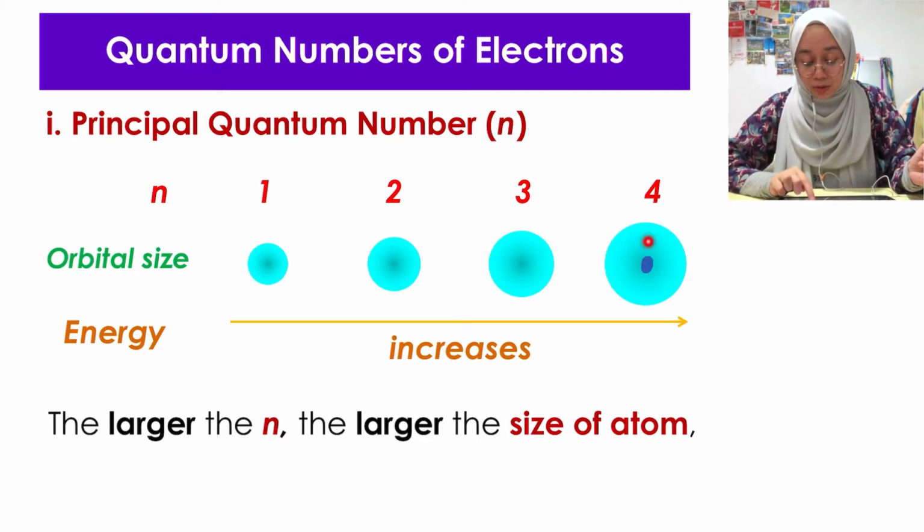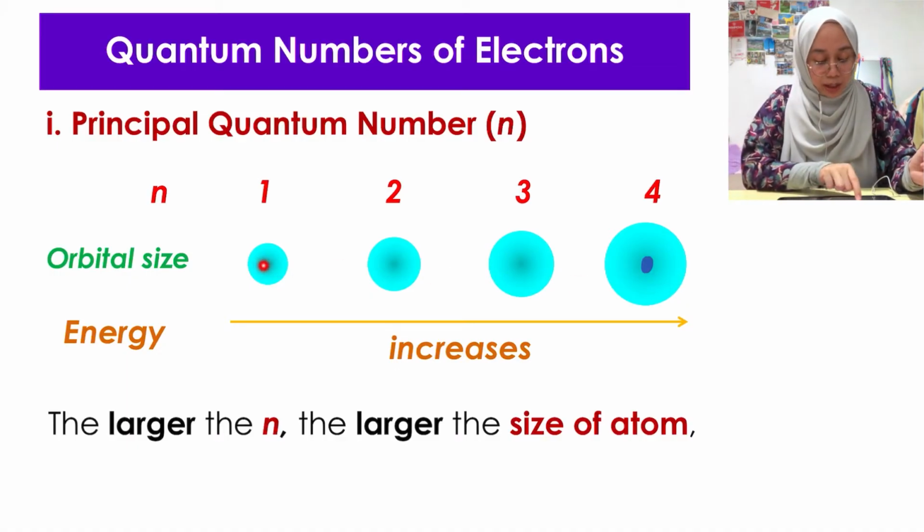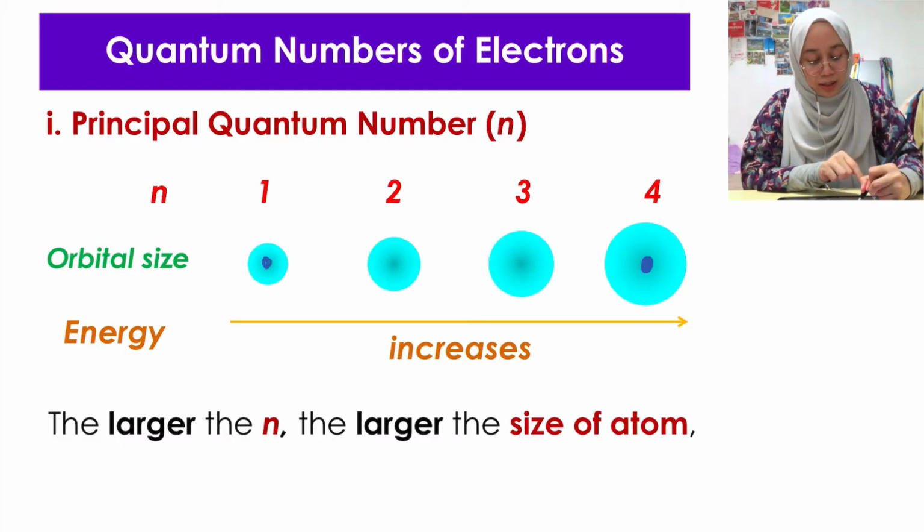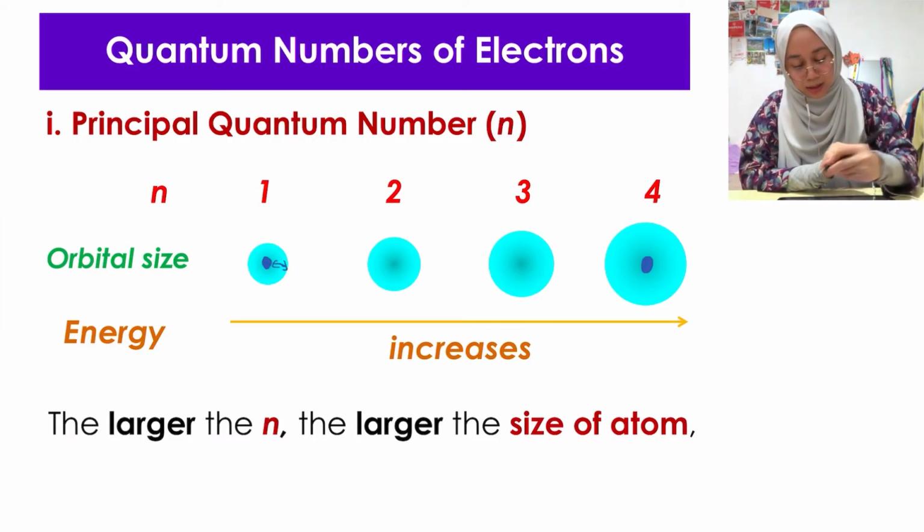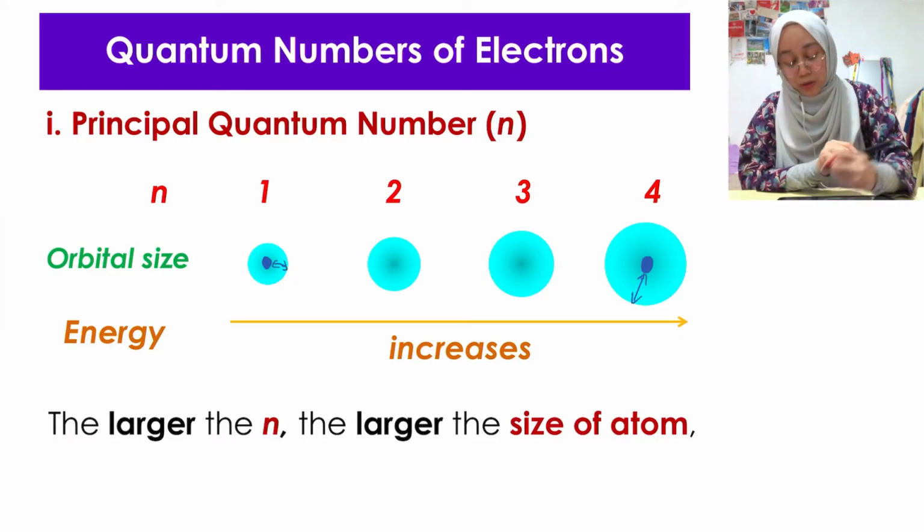Tapi what you can see is lagi besar orbital tersebut, bermaksud the distance between nucleus dengan elektron akan jadi makin jauh, because paling jauh elektron boleh berada dekat tepi ni lah. So distance dia agak jauh compared to yang kalau kamu tengok n equals to 1. Kalau tengah-tengah ni adalah nucleus, the distance adalah kecil je, compared to yang n dia equals to 4 ni.